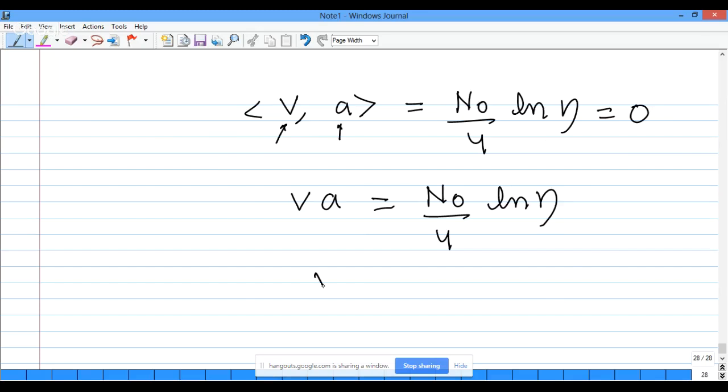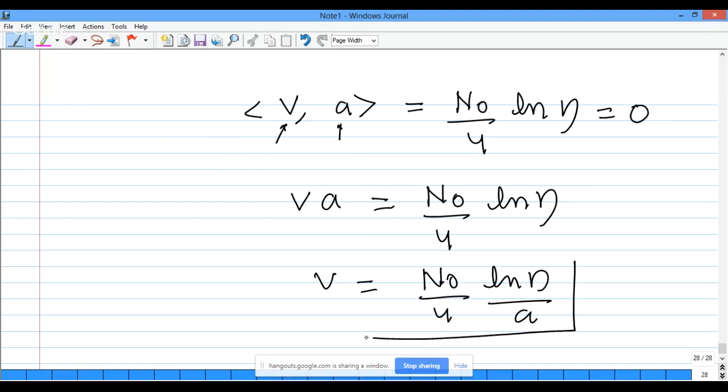Okay, so you can find V as N0 by 4 ln eta by A. So this will give you the equation of the line which will form the decision regions of the two signals minus A and plus A.